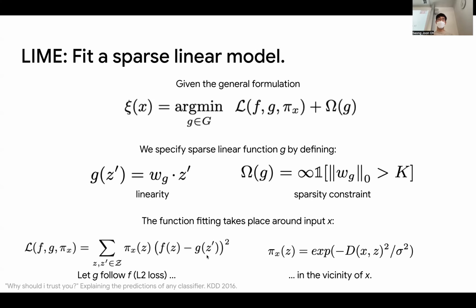To explain all these terms is going to be very tedious. So I can just tell you that pi x of z is just a term for making sure that the L2 loss between F and G is only applied to points that are close to x.